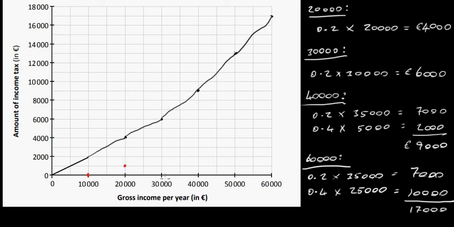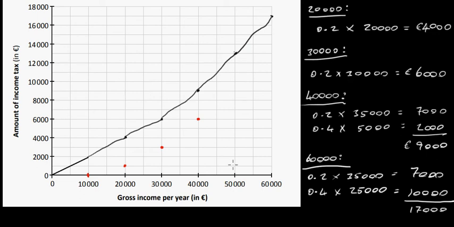Let's have a look at 30,000. Well, 30,000, she had to pay 6,000 euros in gross tax, so subtract 3,000 from that, that'll bring her down to 3,000 euros, so she would be here. 40,000 was 9,000 euros in gross tax, so we're looking at 6,000 here. 50,000 was 11,000, was it?